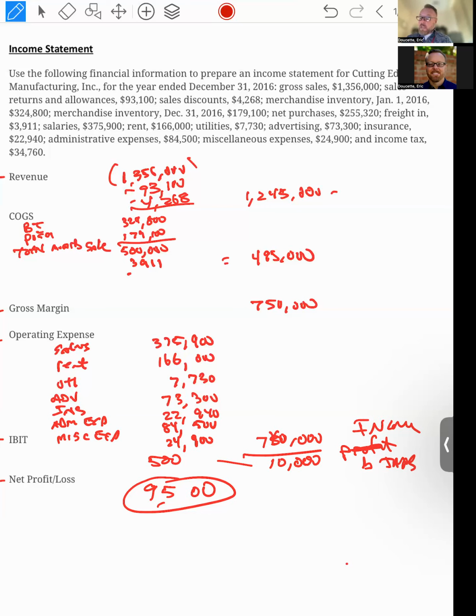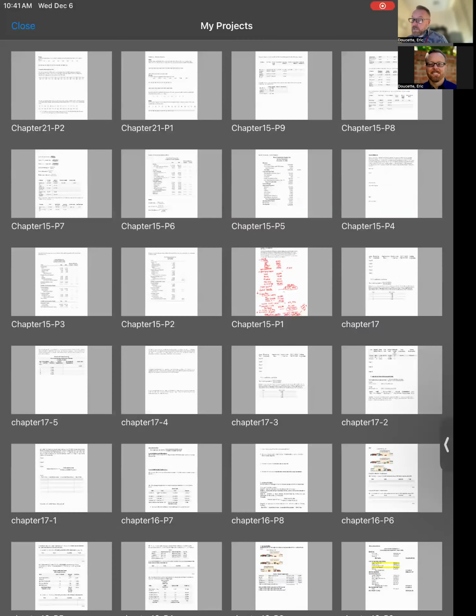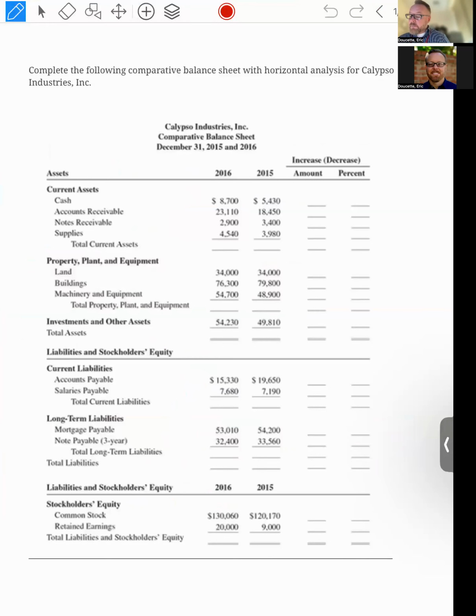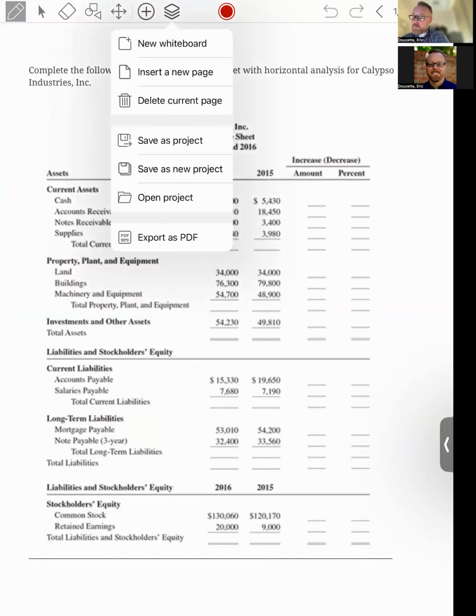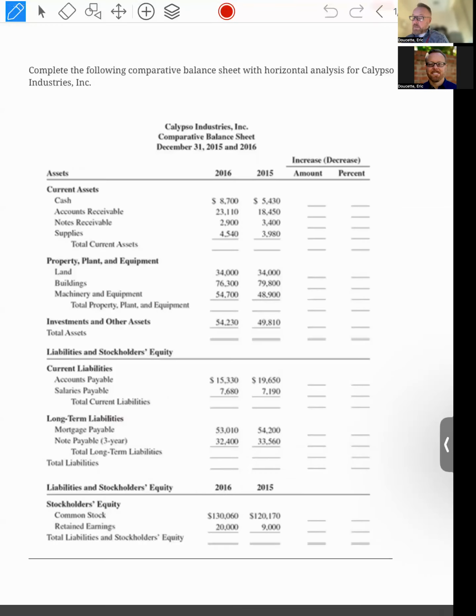As far as doing the next sheet, which is the vertical analysis of the income statement, that's where we get into, let's see, is this it here? No, that's the balance sheet. Sorry, one more. It's 7. This one. All right.